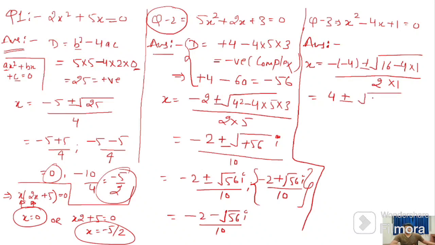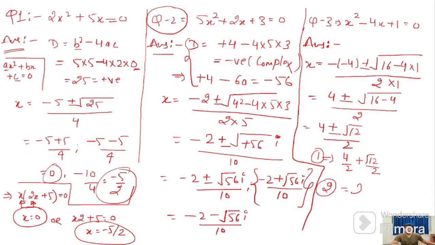We will get 4 plus minus root 12 divided by 2. So the two roots will be 4 by 2 plus root 12 by 2, which is the first root, and the second root will be 2 minus root 12 divided by 2.